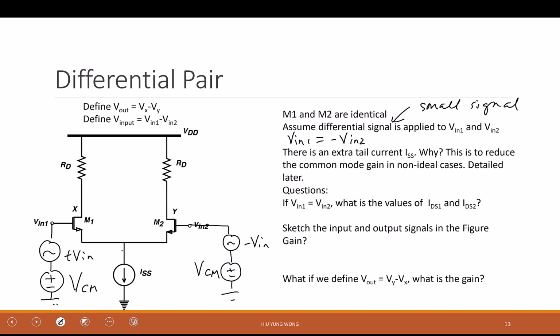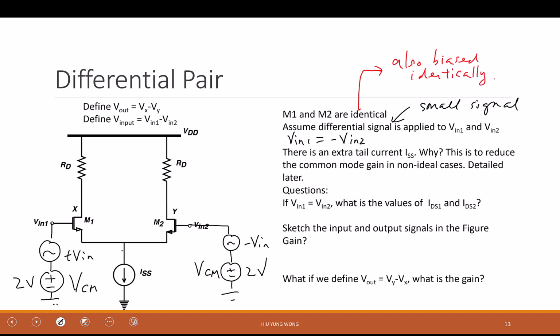Yeah, maybe this is 2 volts, for example. And that's why they are biased in this way, right? They're identical, right? So when we say identical, not just physically identical, you need to bias them identically, right? This is very important. Also, bias identically.